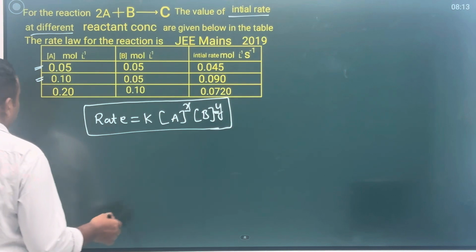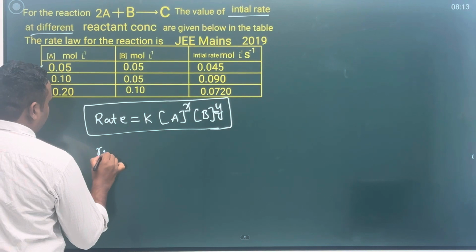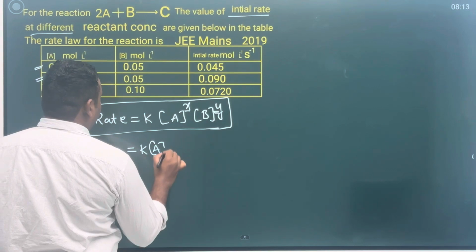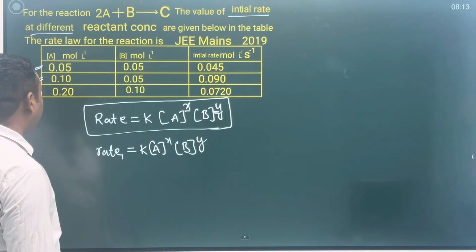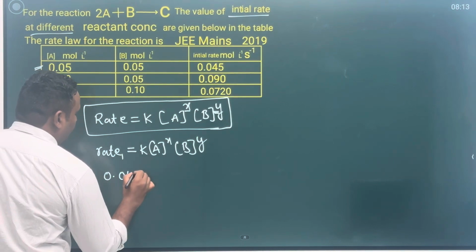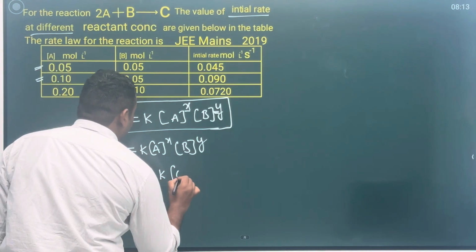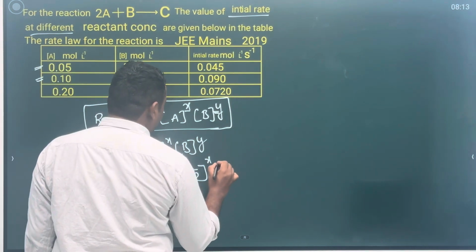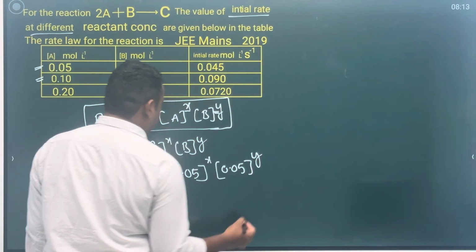Okay, so now the general method you follow: rate 1 is equal to k into A power x and B power y. So what is rate 1? 0.045 is equal to k into 0.05 whole power x, and 0.05 whole power y.